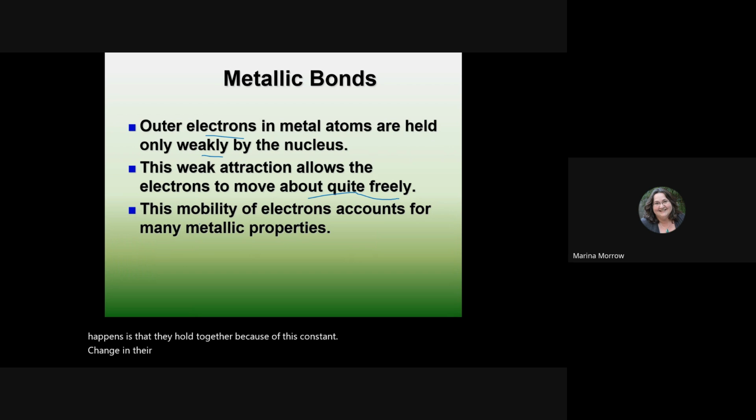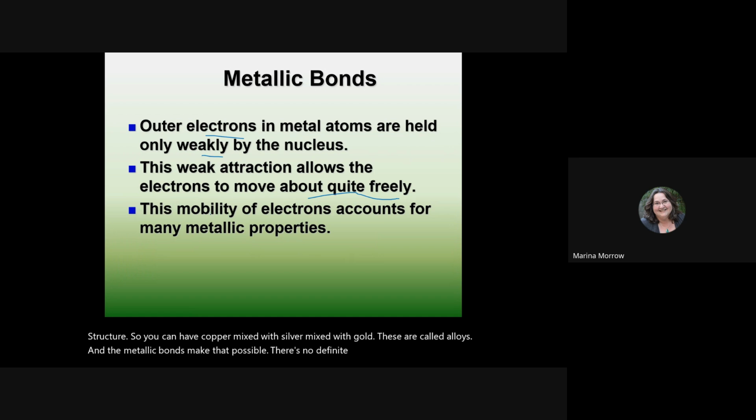And so they are holding together, but it doesn't have to be in any particular structure. So you can have copper mixed with silver, mixed with gold. These are called alloys, and the metallic bonds make that possible. There's no definite proportion.